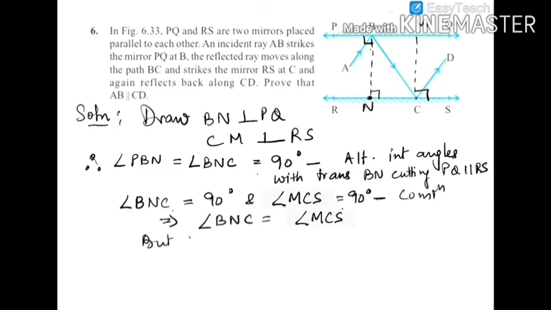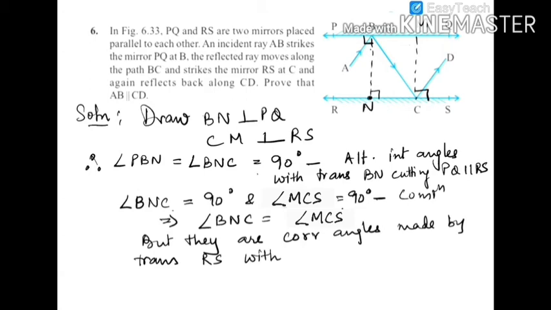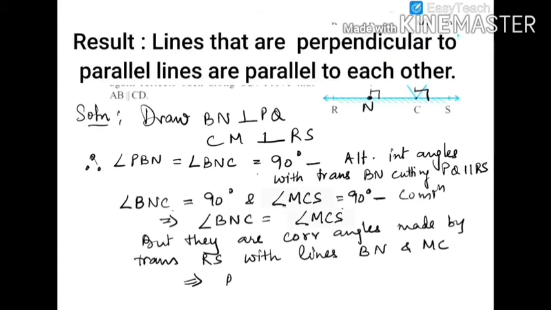But they are corresponding angles made by transversal RS with lines BN and MC. So since the corresponding angles are equal, we can say that BN is parallel to MC.